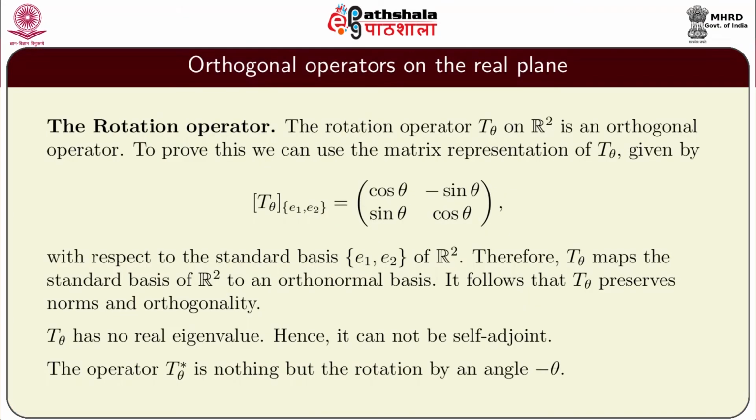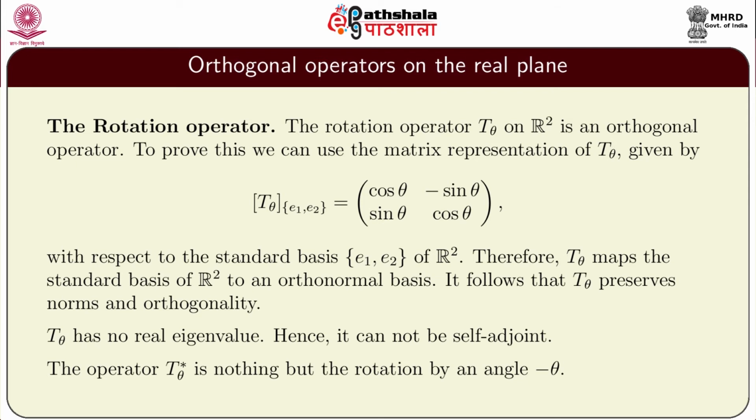So, a rigid motion on a finite dimensional real inner product space fixing the 0 vector, that means T0 is equal to 0, is nothing but an orthogonal operator. So, we see orthogonal operator once again from a different angle.